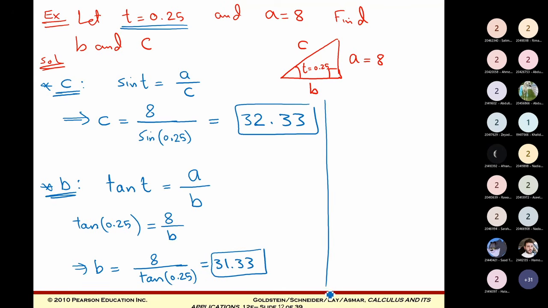Also, we can use Pythagoras because we already found C square in the first step, and A square is given, and we need to find B square. So B square equals what? Sorry, wait.